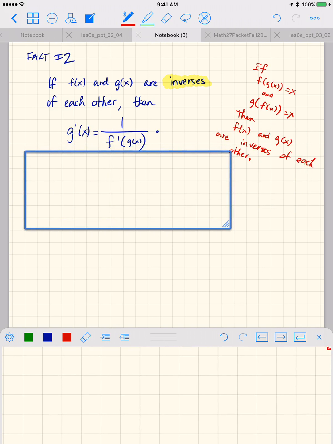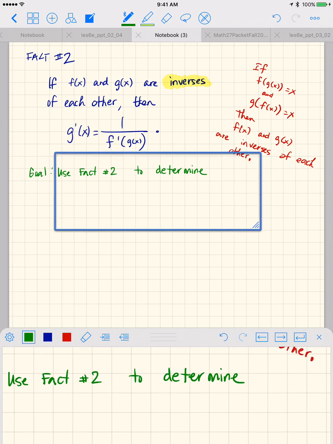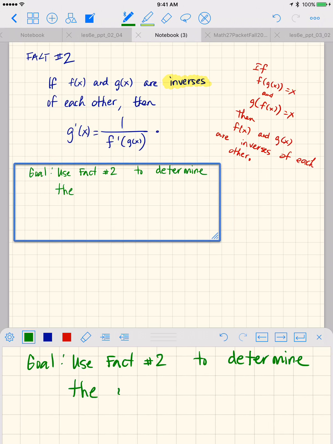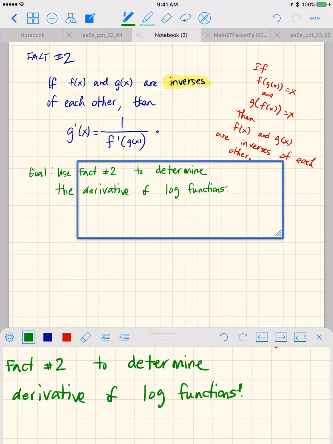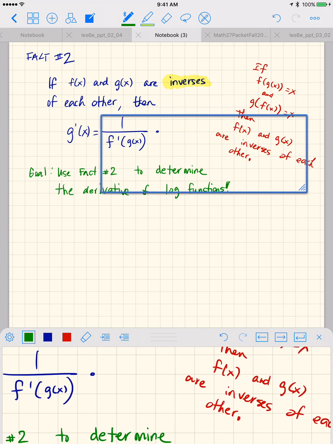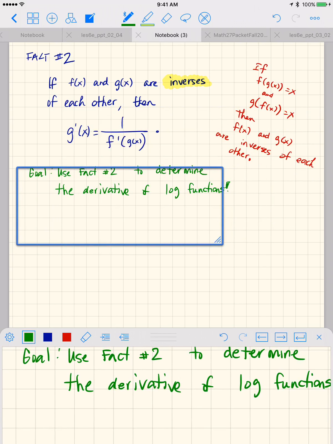So let's use that rule to determine the derivative of log functions. Why? Because what's the inverse of an exponential function? A log function. All right, so let's go ahead and do this.